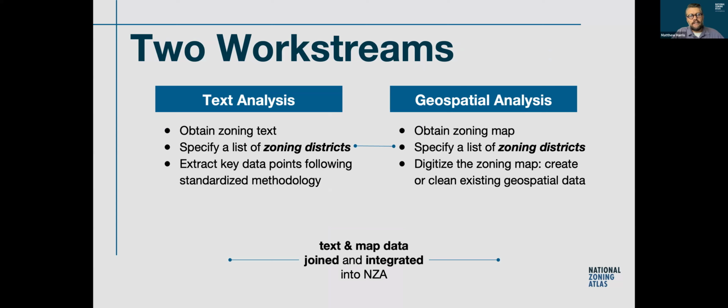The geospatial analyst first obtains a zoning map, specifies its zoning districts, and then, depending on the available format, either digitizes a static map like a PDF or standardizes existing geospatial data. And so the work streams really join along the list of zoning districts within a particular jurisdiction.